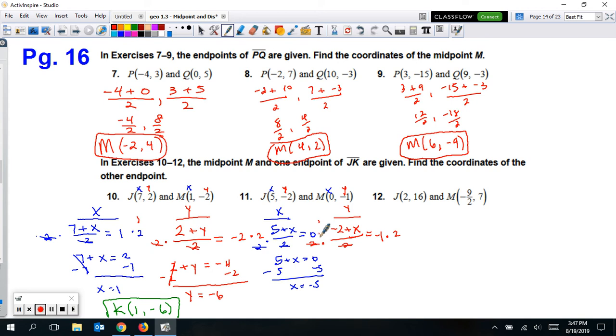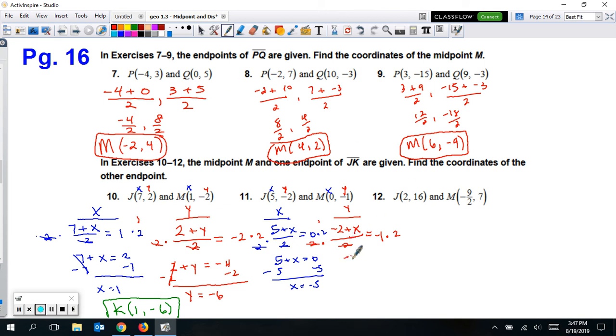The reason I didn't do that, I just did it mentally in my head and I didn't say it, is that if we say 0 times 2, you're still going to get 0. I probably should have written down that I'm going to multiply both sides by 2. Whatever you do to one side, do the same to the other, of course. But 0 times 2 is still 0, still giving us that negative 5 for the answer on x. This time, though, we need to multiply this side by 2.